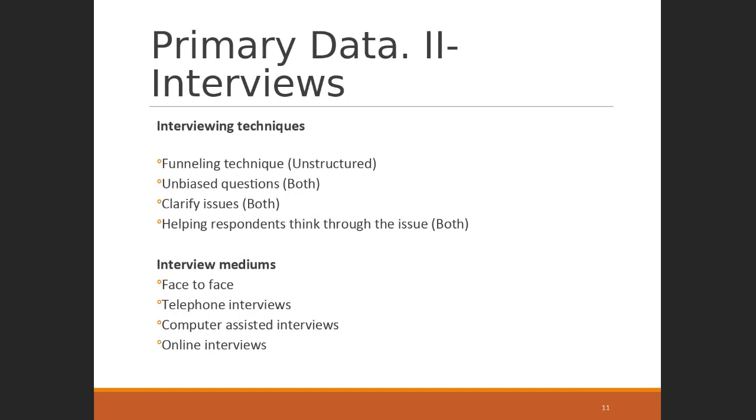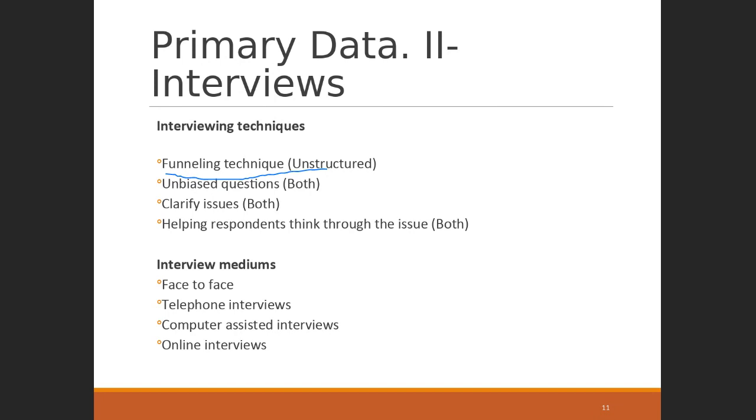The first important interviewing technique is the funneling technique. As the name implies, a funneling technique is especially important during an unstructured interview. At the beginning of an unstructured interview, it is advisable to ask more broad questions to get a broad idea about the situation.